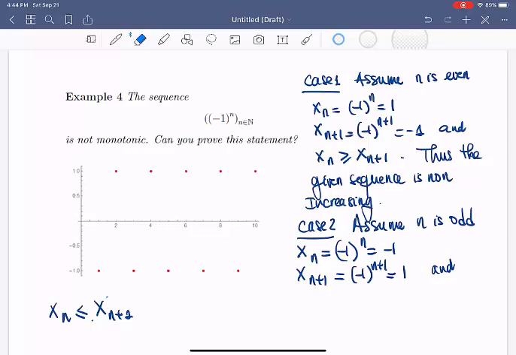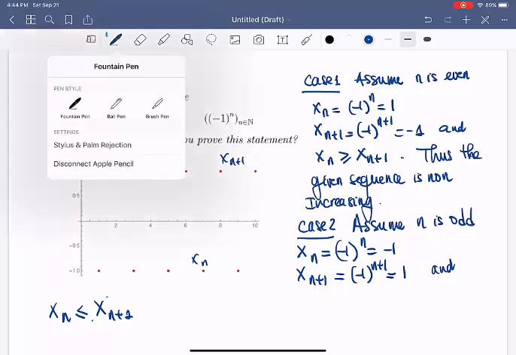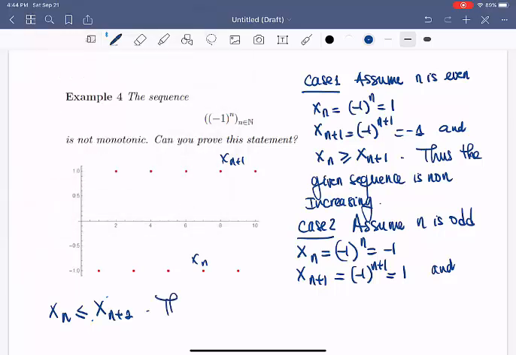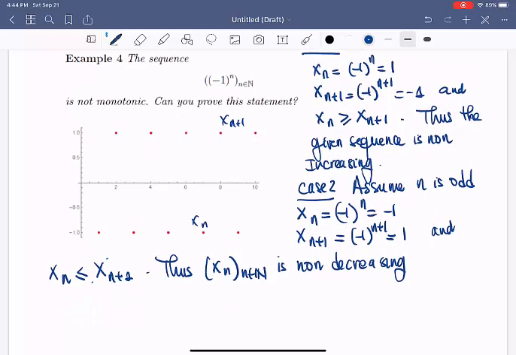So we'll have a situation like this will be, for instance, xn, and this will be, for instance, xn plus 1. So in this case here, the sequence is non-decreasing. Thus, xn is non-decreasing. So we have a sequence which is not increasing and it's also not decreasing.